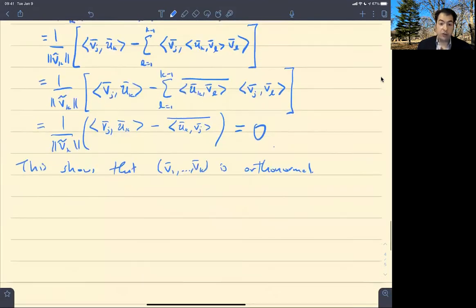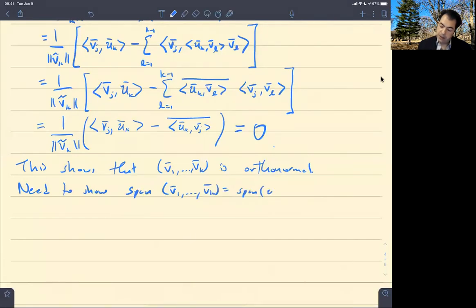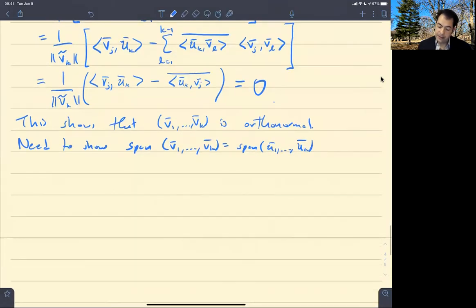Right, so that leaves us one more thing. We need to show that the span of V1 through Vk is equal to the span of U1 through Uk. Okay, wonderful. So Vk itself is certainly in the span of, well, actually, here, let's do it in 2 steps.